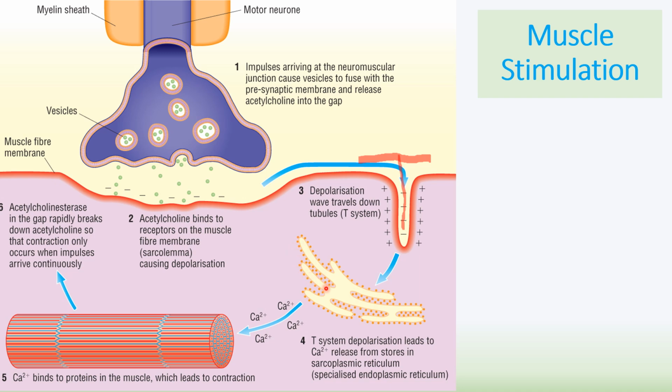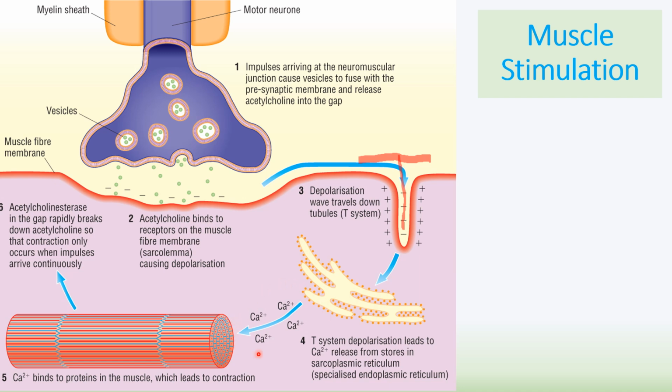The calcium ions then bind to proteins in the muscles, and that causes muscle contraction, which is what we're going to look at in a minute. So the whole muscle contraction is controlled by the availability of calcium 2+ ions.